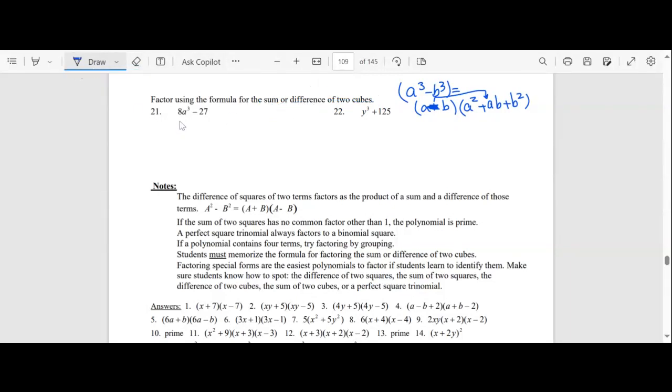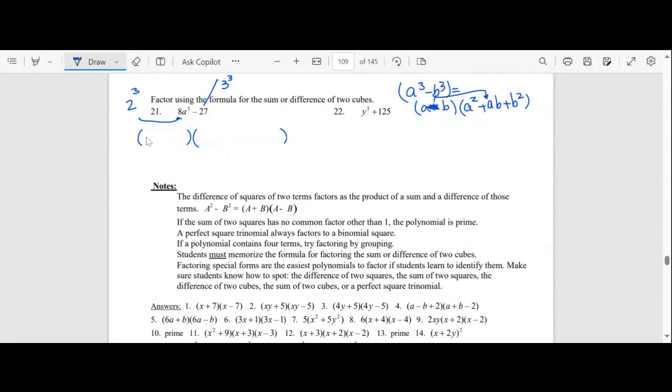So now let's go for number 21. 8 is what? 2 cubed, correct? Yes. 27 is what? 3 cubed, correct? So in this case, I can just make the difference of 2 cubes.